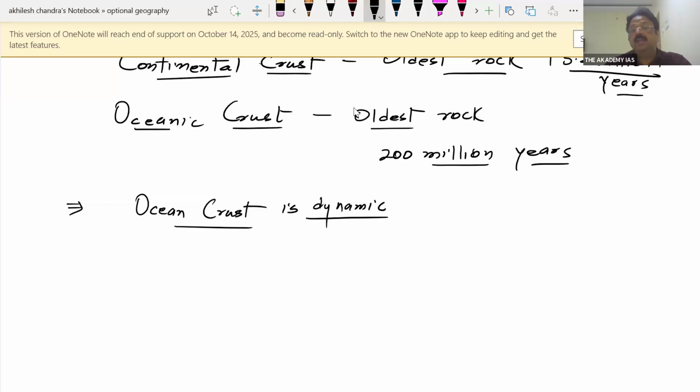That's why in the last 200 million years, all the ocean got consumed and new ocean was formed. This dynamism was substantiated by the mid-oceanic ridge: near the mid-oceanic ridge, new ocean crust is being formed.